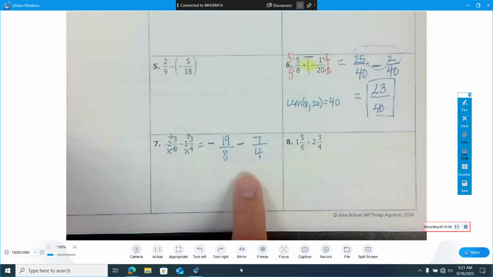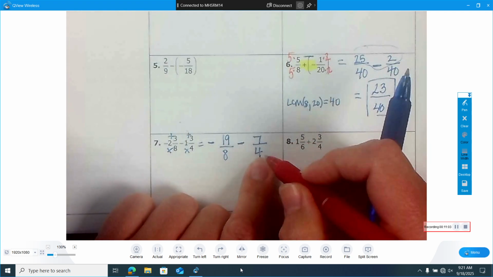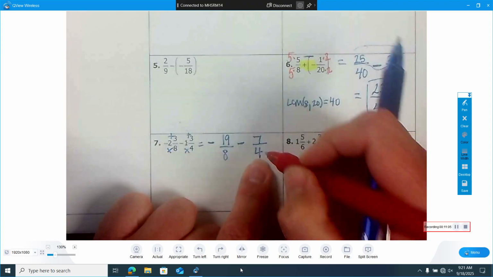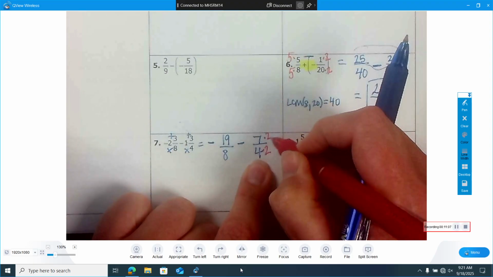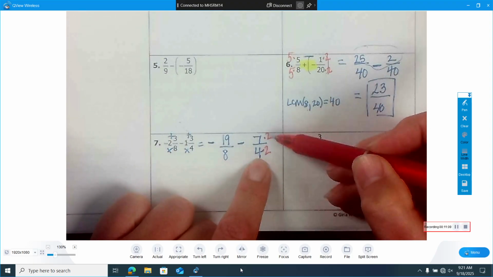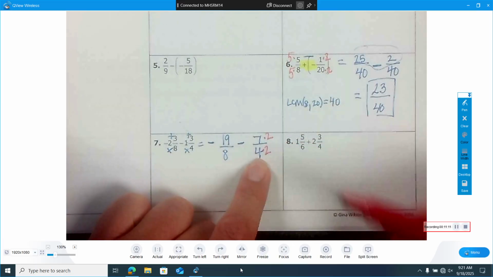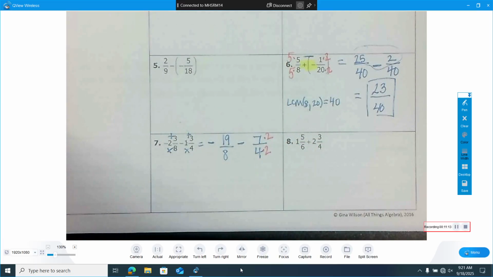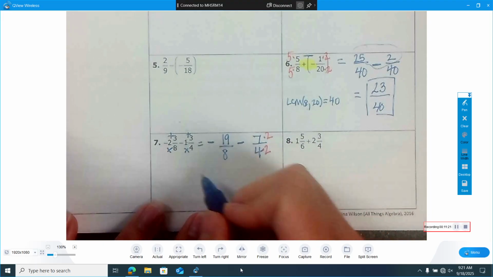What's the least common multiple between 8 and 4? 8, very good. So how do I change that 4 into an 8? Times by 2, and of course we're going to do that top and bottom. Smush that in there, folks. Just put it on, and you'll make so many fewer mistakes. Just write it down. Math in your head is not a thing. Math on paper, definitely. So we're going to rewrite that now.